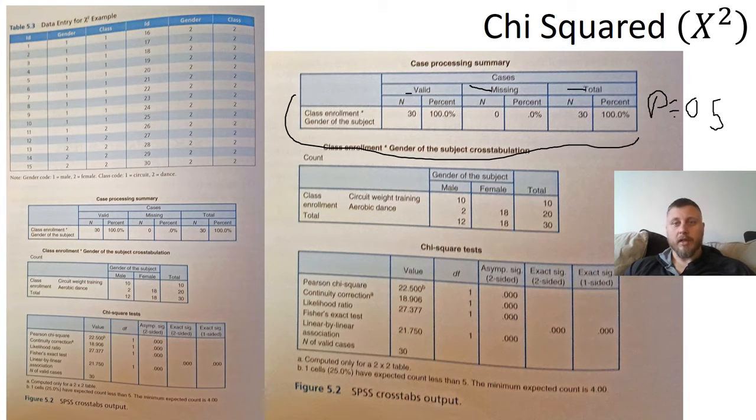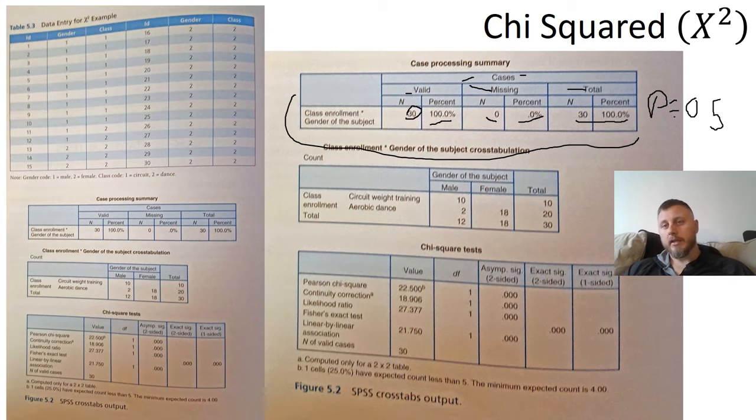Basically it's from both classes, the amount of participants. We've got 30 people participating, which equals 100%. In this example nobody's missing, which means 0% is missing, and thus a total percent of 100%.